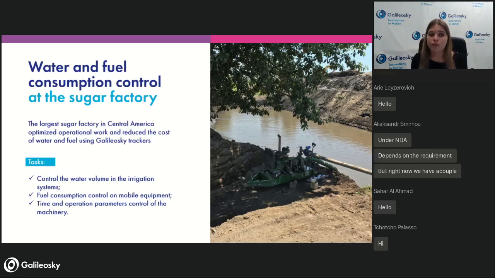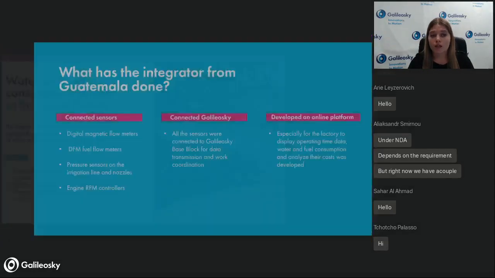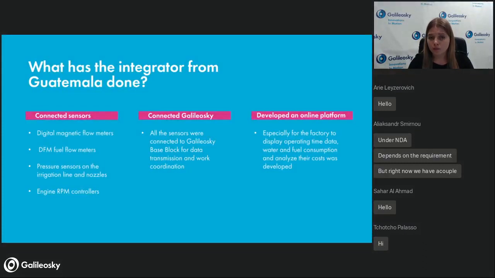So firstly, there were no water and fuel consumption data on a regular basis, since only a few flow meters were used there. And secondly, there was no confidence in the overall statistics, since the data from the irrigation system often was not included in reports. And our partner Tecomseh connected digital magnetic flow meters working via Modbus to base block light.